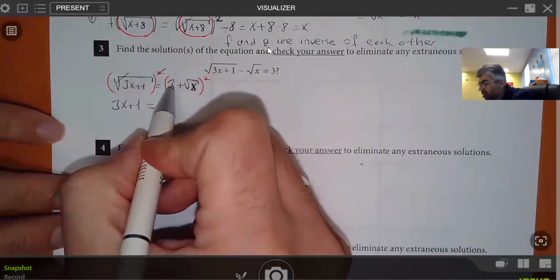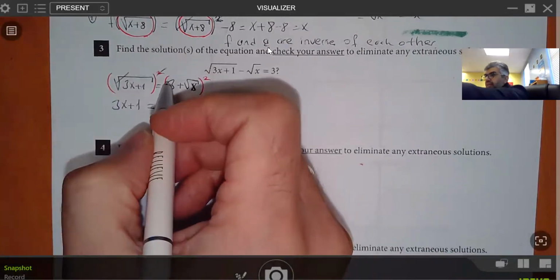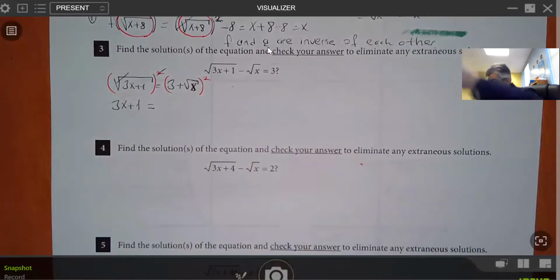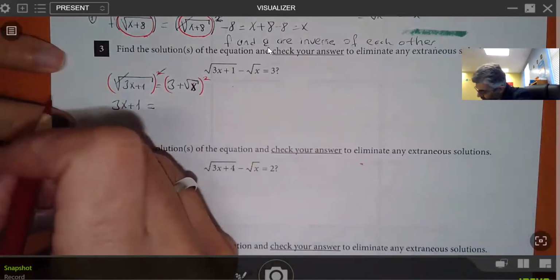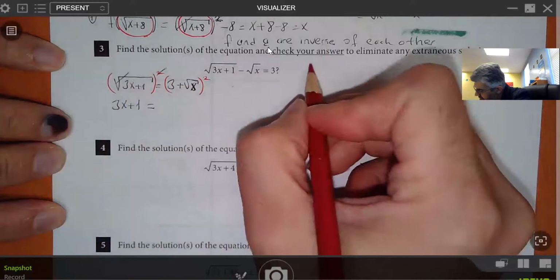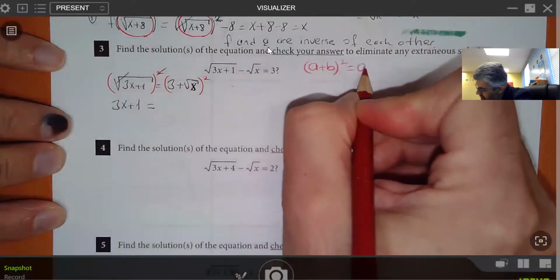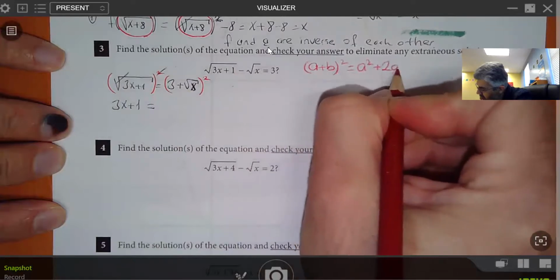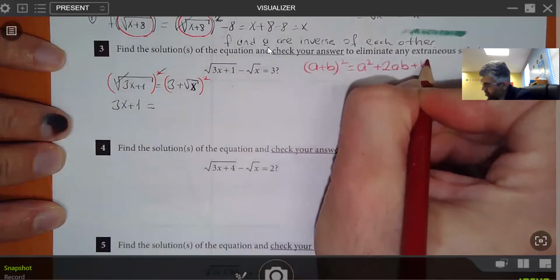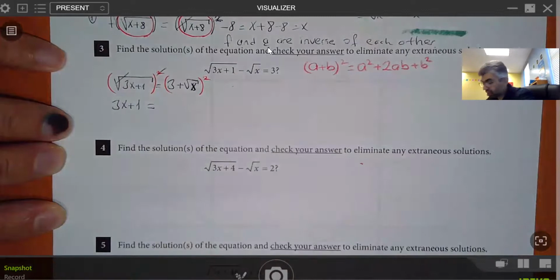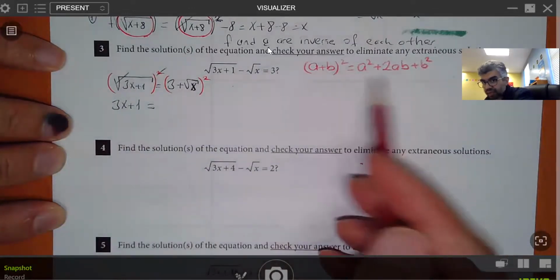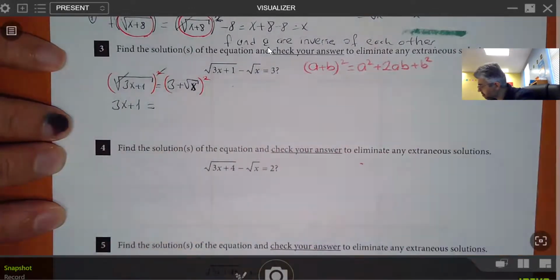And attention, here we never forget this one. A plus b squared is a squared plus 2ab plus b squared. If it doesn't make any sense, please check the binomial identities. Okay, guys.